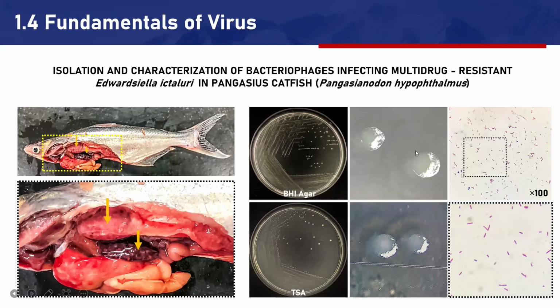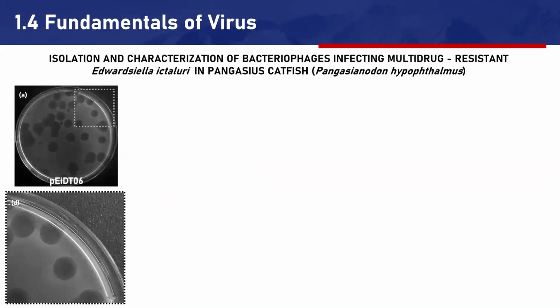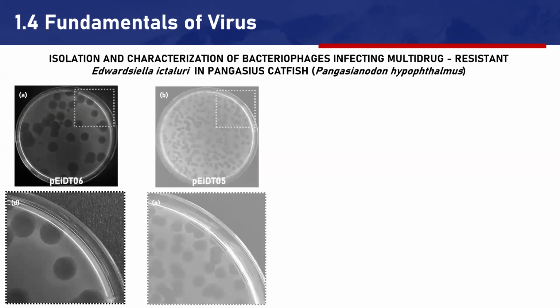For the phage isolation, you can see in the pictures a clear plaque, very big and clear. That means the phage has very strong activity that can infect and kill a lot of bacteria.